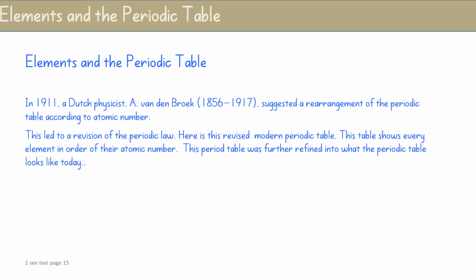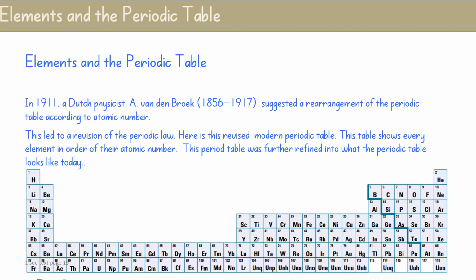Here is the revised modern periodic table. This table shows every element in order of their atomic number. This periodic table was further refined into what the periodic table looks like today.